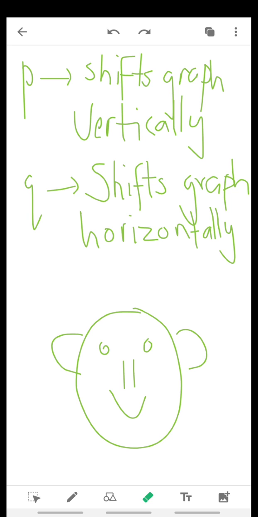With regards to p, it's very, very important that we fix this.